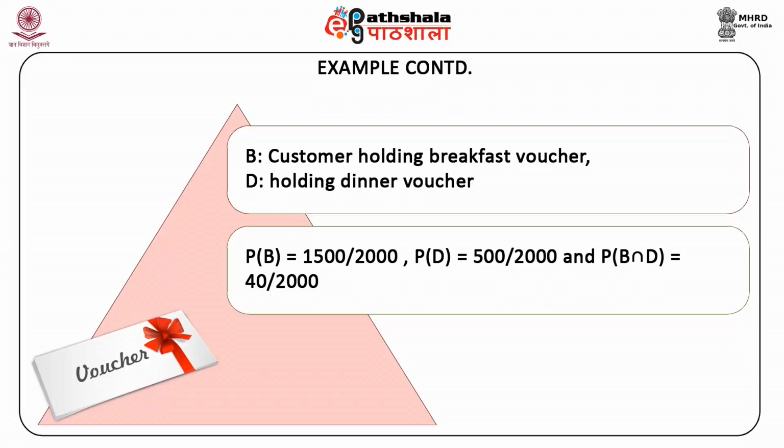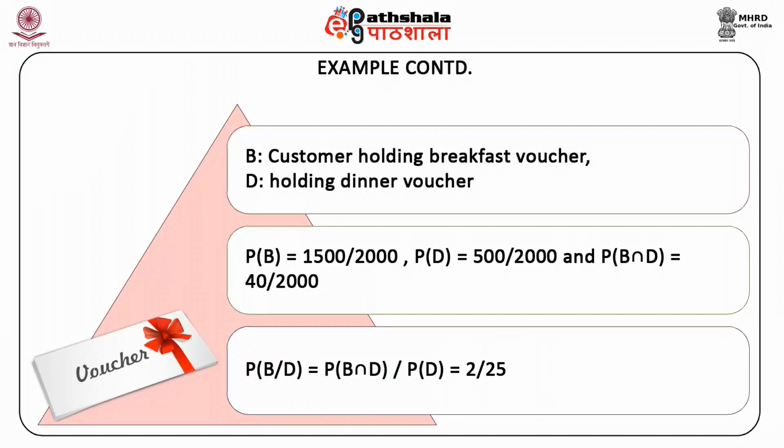Therefore, the probability of a customer holding a breakfast voucher given that the customer holds a dinner voucher is probability of B/D, equal to probability of B intersection D upon probability of D, which is equal to 40 upon 2000 upon 500 upon 2000, which is further equal to 2 upon 25. In the above example of conditional probability, the sample space of the experiment is reduced to D, and hence the probability of B is not unconditional but conditional on D.